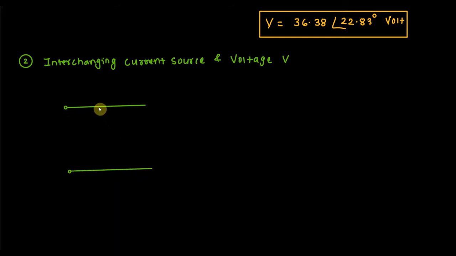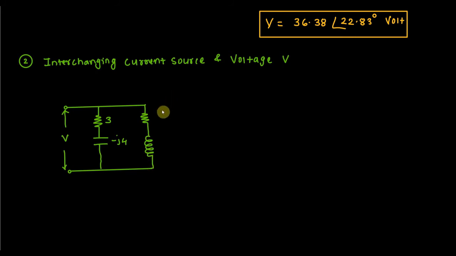So here we have a resistance and the capacitor. Here the value is 3, and this value is minus J4. And instead of the current source, now here you have to substitute the voltage V. Here we have a resistance and here we have an inductor.